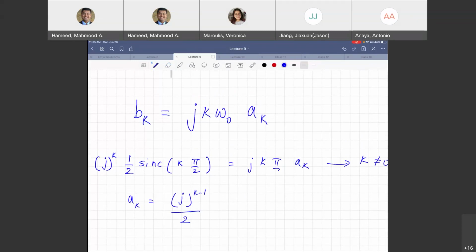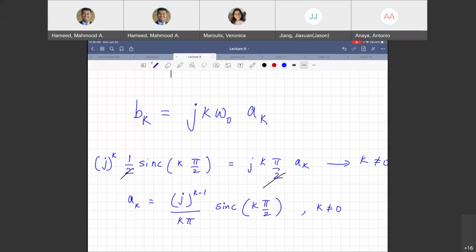Pi over 2, which means this 2 can get cancelled. And then you can just have a k and a pi here. Sinc k pi over 2. Is that okay? This is for k not equal to 0.